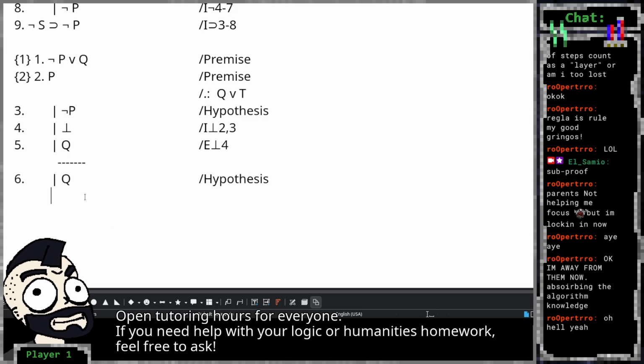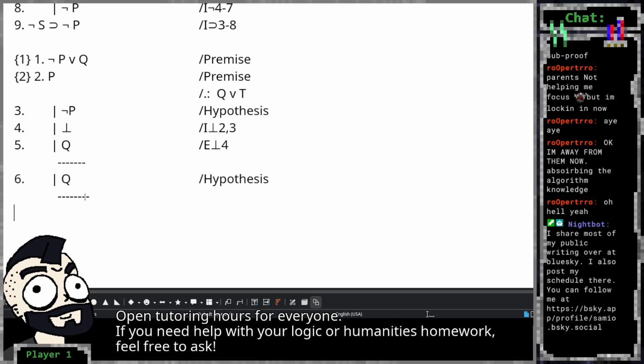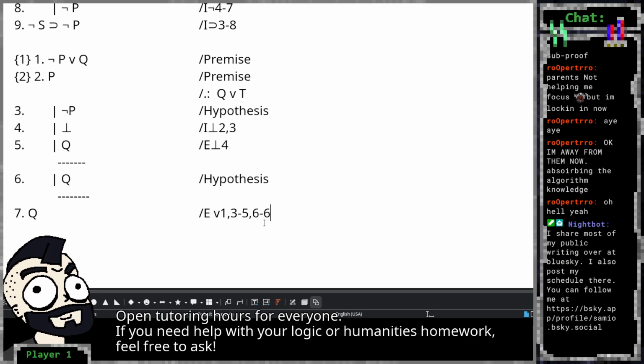So I close this other subproof, and then in 7, I will conclude outside the subproofs that Q. Why? Because of elimination of the disjunction. Which disjunction? The one at 1, with the first subproof being 3 to 5, and the second subproof being 6 to 6.